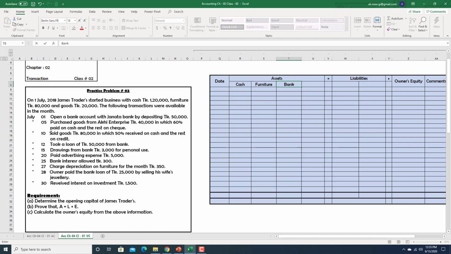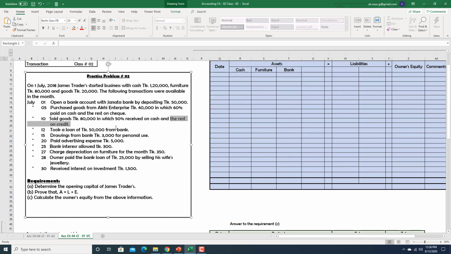Let's read if there are any other assets accounts. Purchase goods, no, there is no assets account. Sold goods, yes, the rest on credit. So we know when goods are sold on credit, that creates a debtor account.